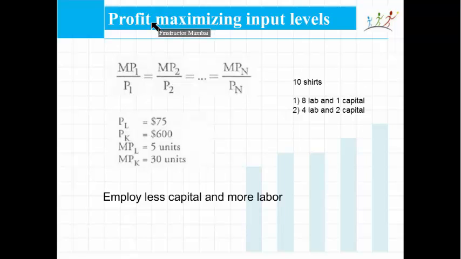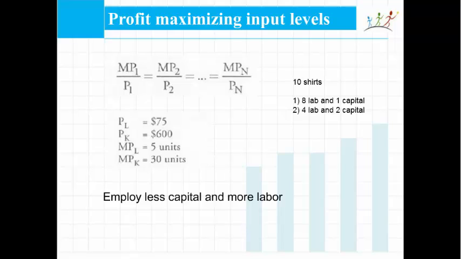Now, the profit maximizing input level is where the marginal product per dollar spent is the same. The marginal product per dollar spent on the input. Let's understand with an example. So I can spend $75 and hire a new labor.